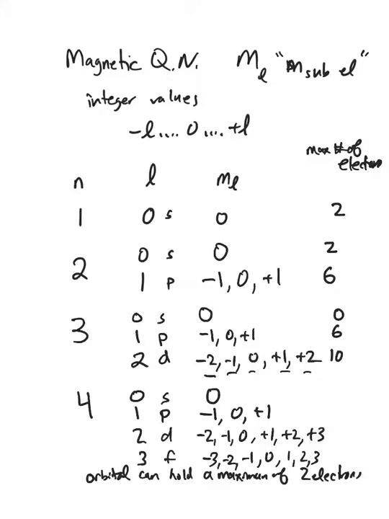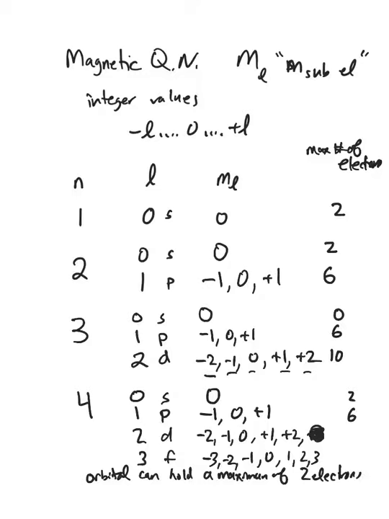For n equals 4, if it's an s orbital, it can only hold 2 electrons. For the set of p orbitals, there are 3 of them, with m sub L values of -1, 0, and +1. That would give us a maximum of 6 electrons. If we're up to n equals 4, we can have d orbitals, and there's 5 of those that correspond to the m sub L values of -2, -1, 0, +1, +2.